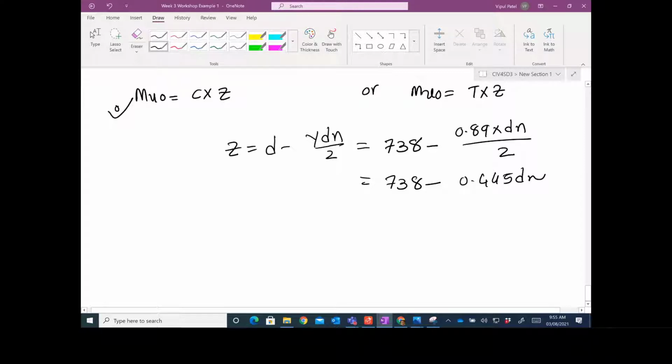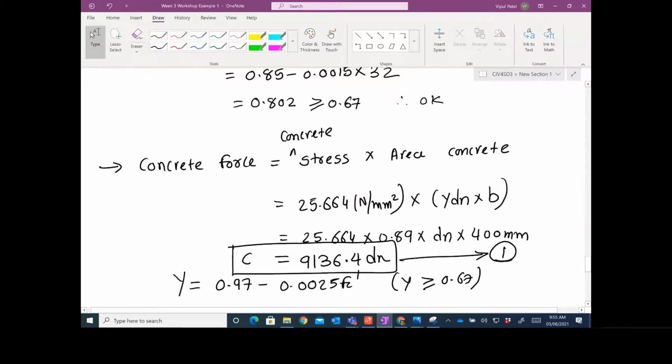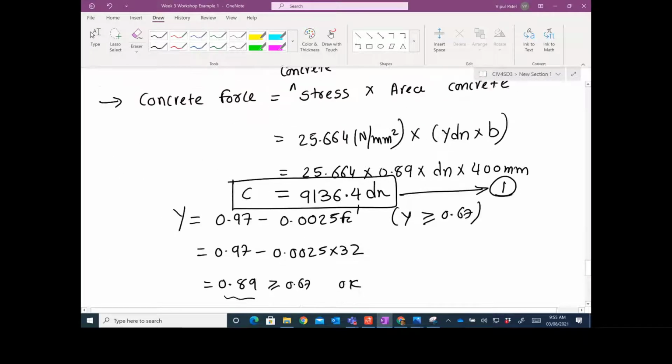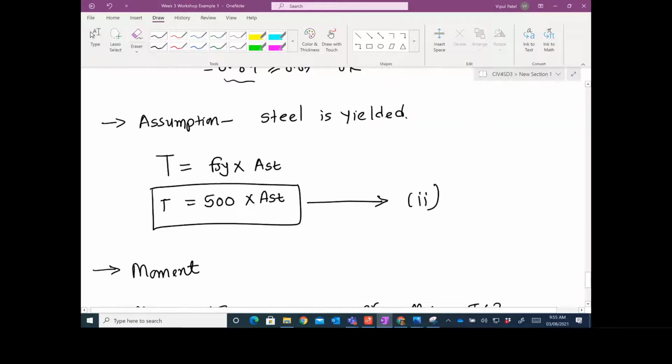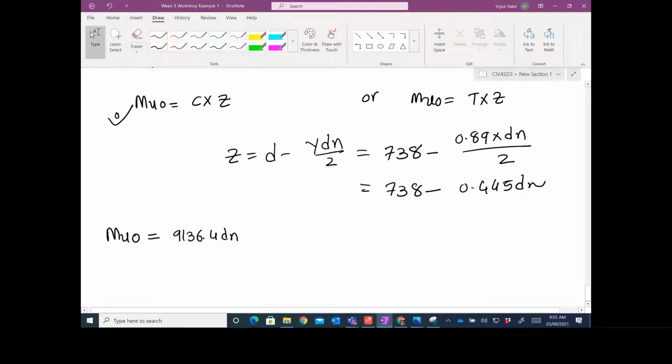Now let's substitute this value here. Section capacity equal to compression force, that is equation number 1. There you go, 9136.4 dn, that is the compression force of concrete, times the lever arm 738 take away 0.445 dn.